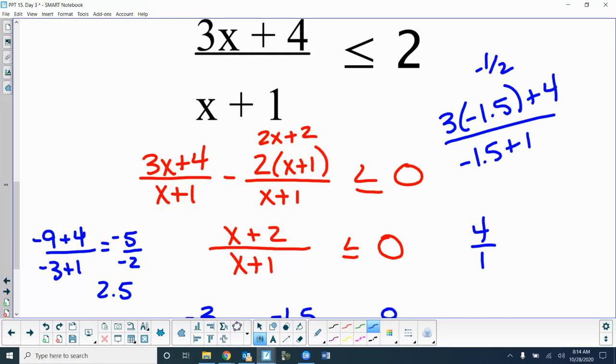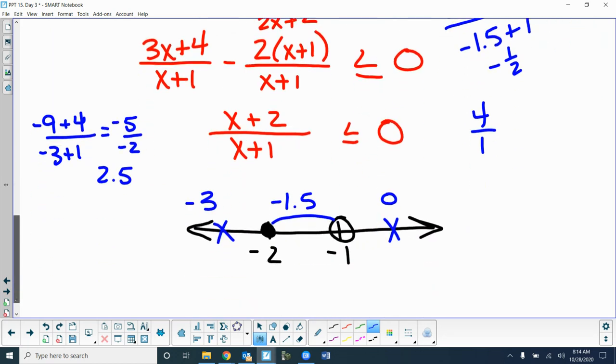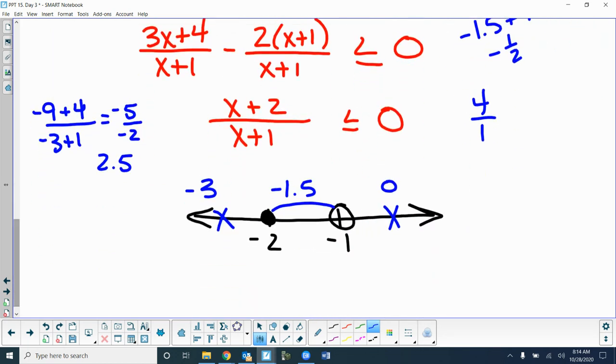Then -1/2 plus 1 is a -1/2. What's a -1/2 divided by -1/2? Positive 1, right? Is 1 less than or equal to 2? Yeah. So that was correct, what we thought would happen, because the two ends didn't work.